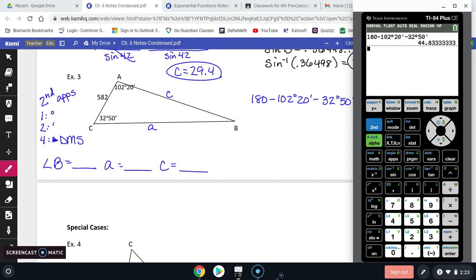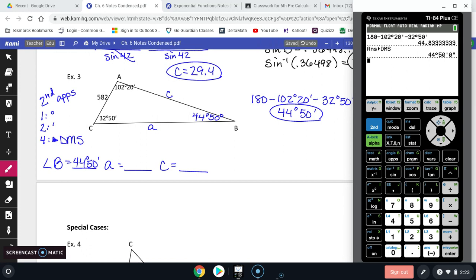Now, my angle measures are given in degrees and minutes, so I'm going to go back to second apps and number 4 and enter, and I am converted to degrees and minutes. So this is going to be 44 degrees, 50 minutes, and that's this angle measure here.